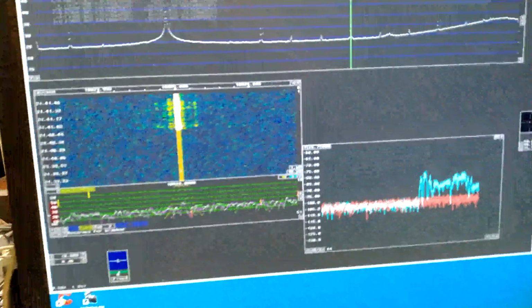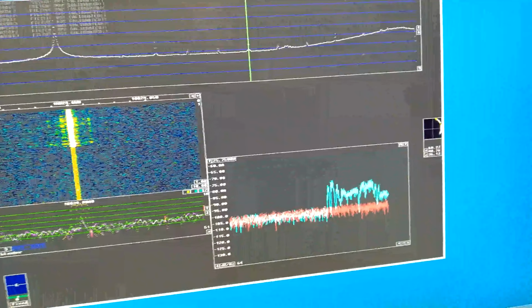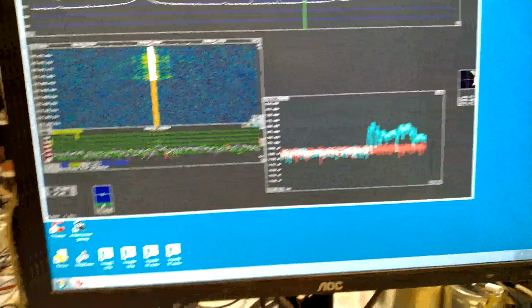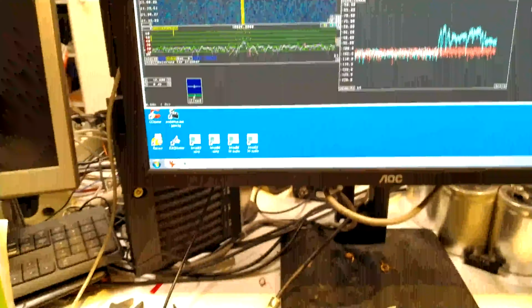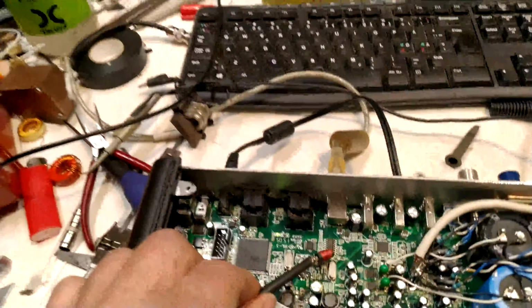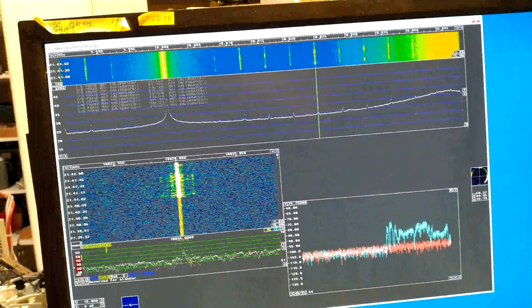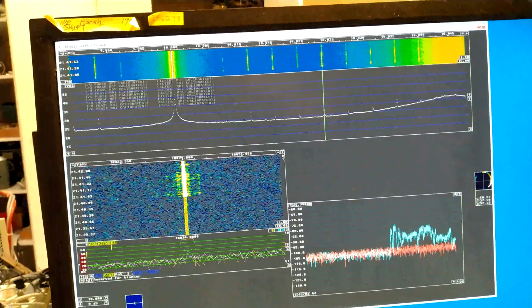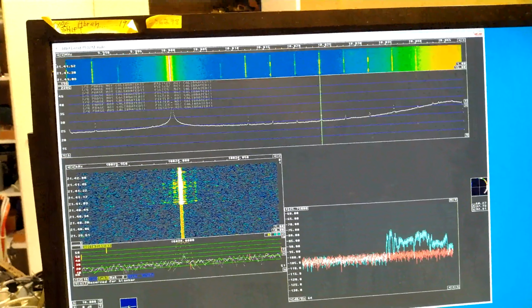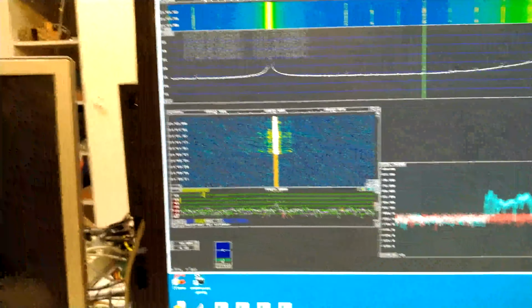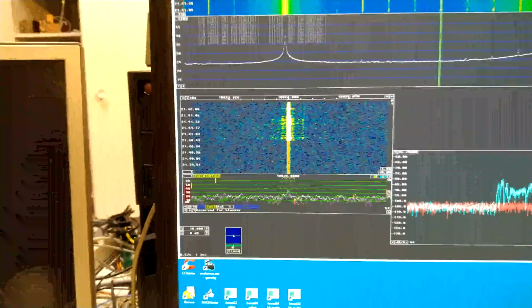And this one is labeled 12 megahertz. But I see all the frequencies everywhere. And on top of the AD converters here, not very strong.